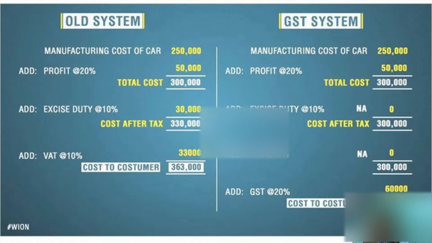And I'm selling that product to the consumer after processing that raw material. Since I've processed it, 1 lakh rupees worth has been added to that, so now it's worth 2 lakh rupees.